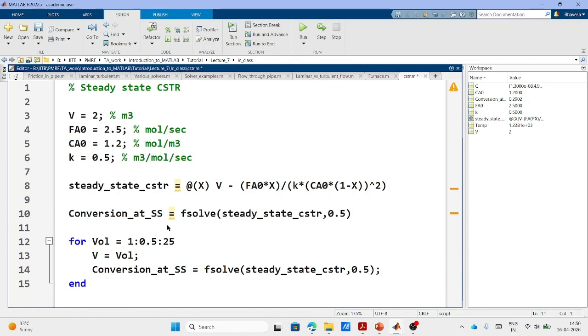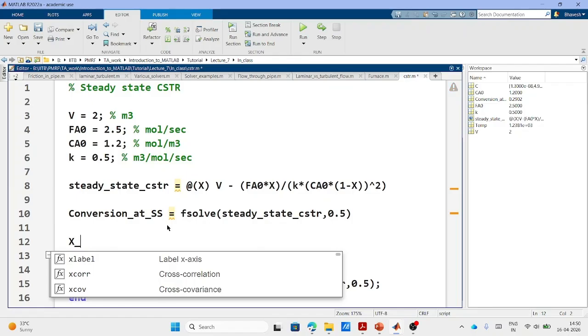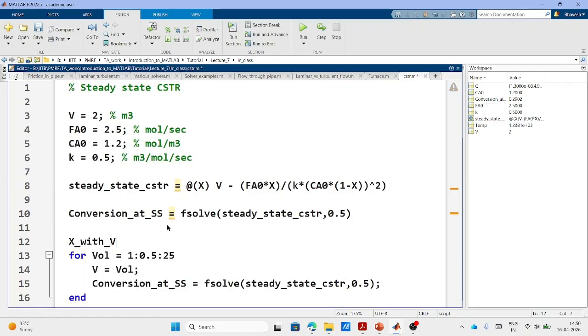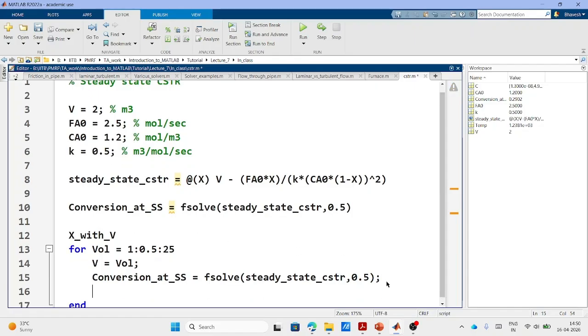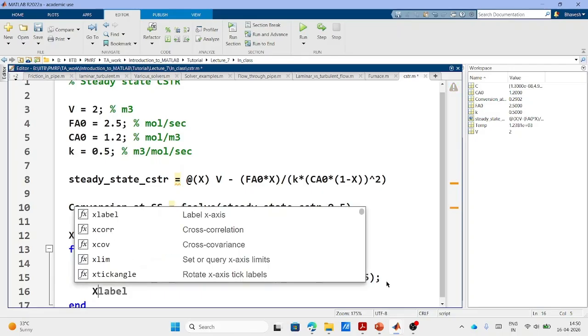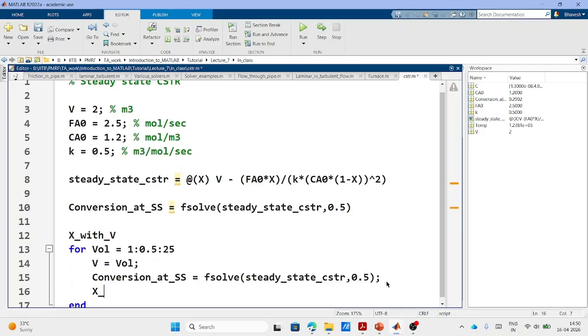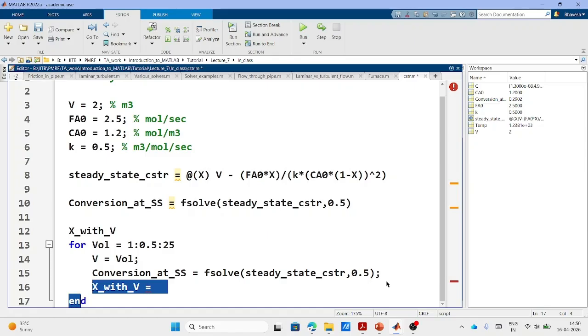Now you have to store that conversion also. So let me say x with v, I will create one vector. Oh, sorry. I have to create one vector with a proper length.